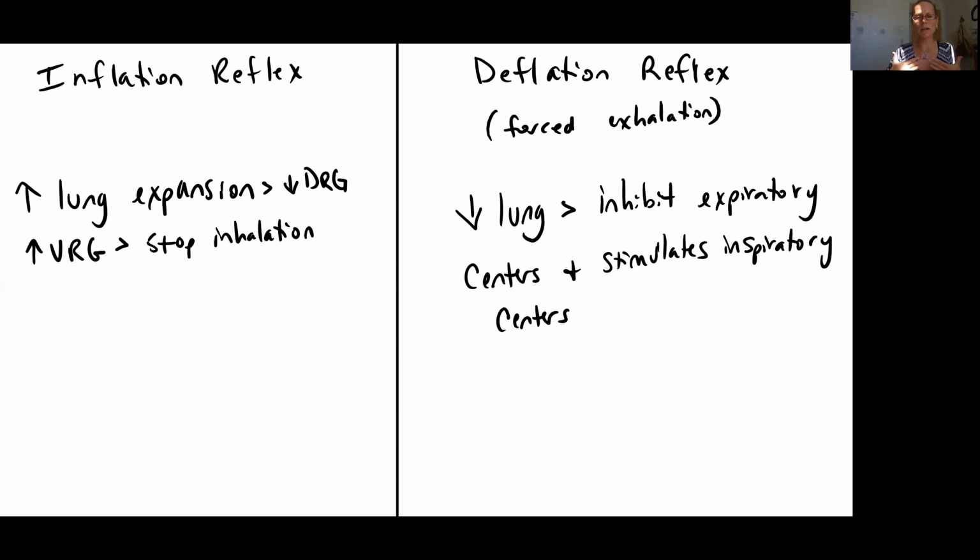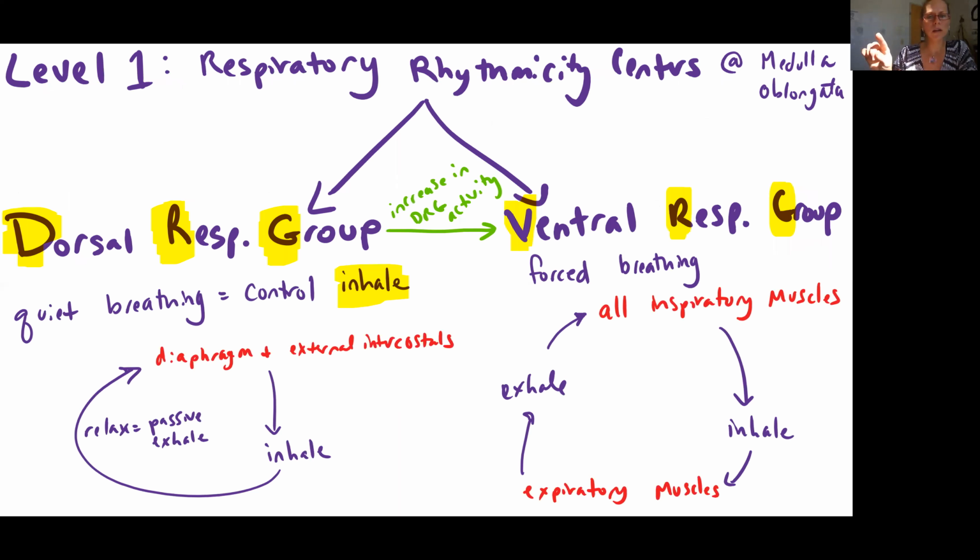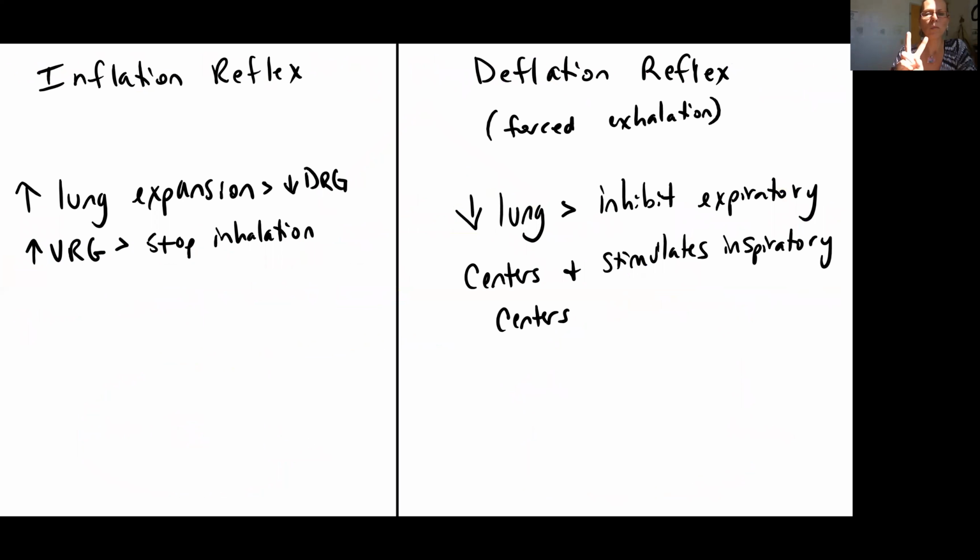So as that lung is getting smaller and smaller in volume, you're going to stop stimulating the expiratory centers, and you're going to start stimulating the inspiratory centers. So that's how we're going to keep this cycle going at the VRG. Both of these reflexes are initiated by stretch receptor cells.